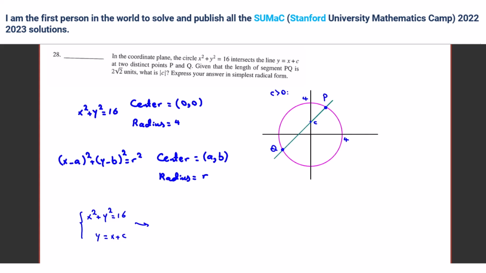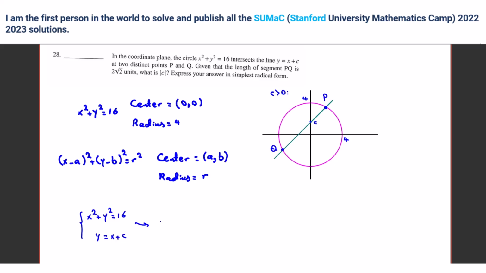c equals y minus root of 16 minus y squared. c is equal to what? Okay, so you were not able to find x and y in terms of only c? I can find c in terms of y.